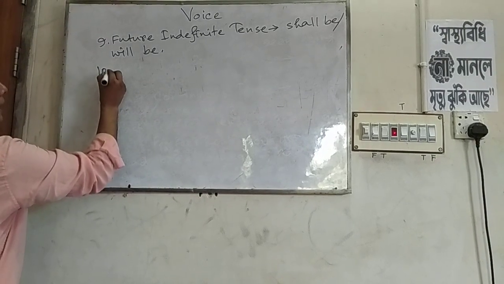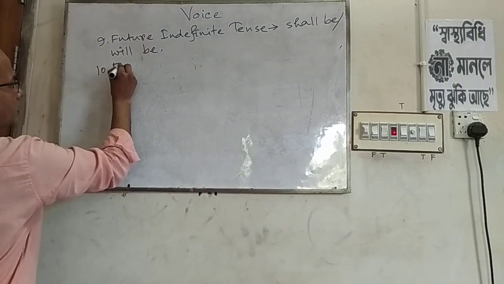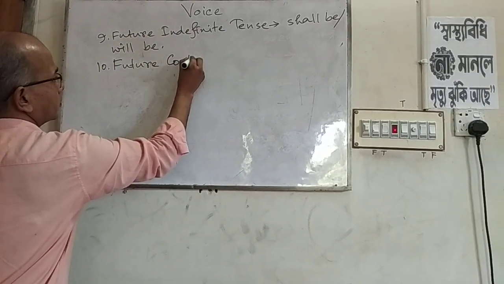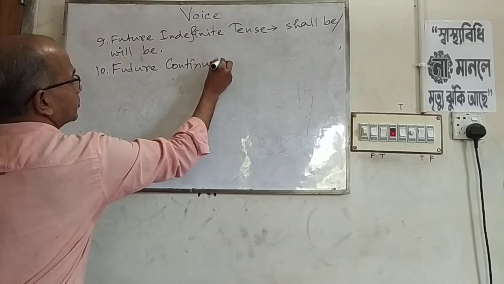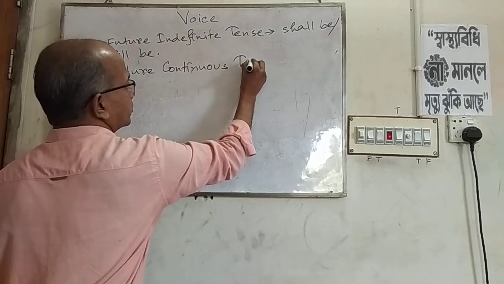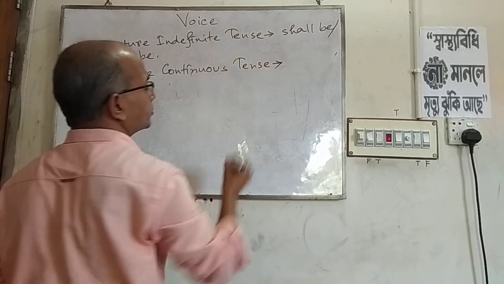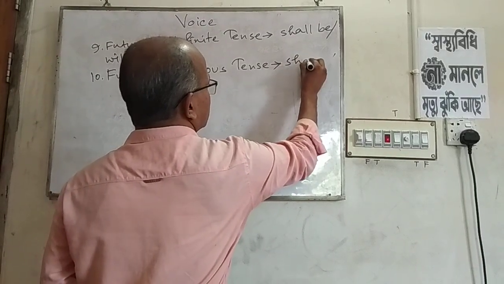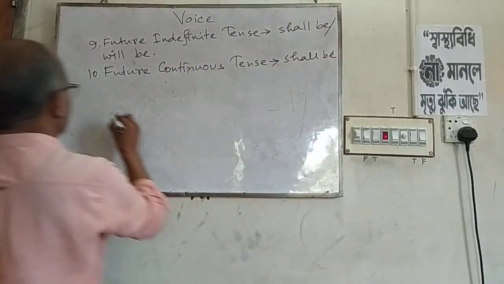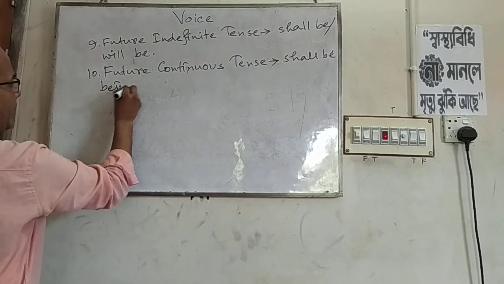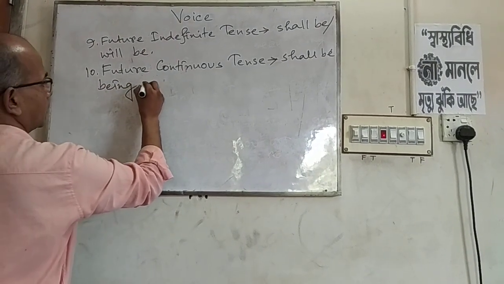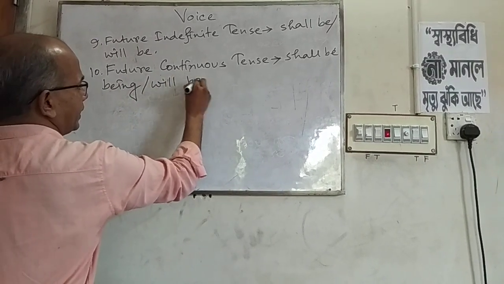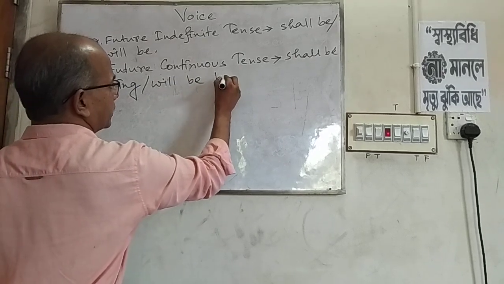At number 10, there is future continuous tense. And auxiliary verbs are shall be being, will be being.